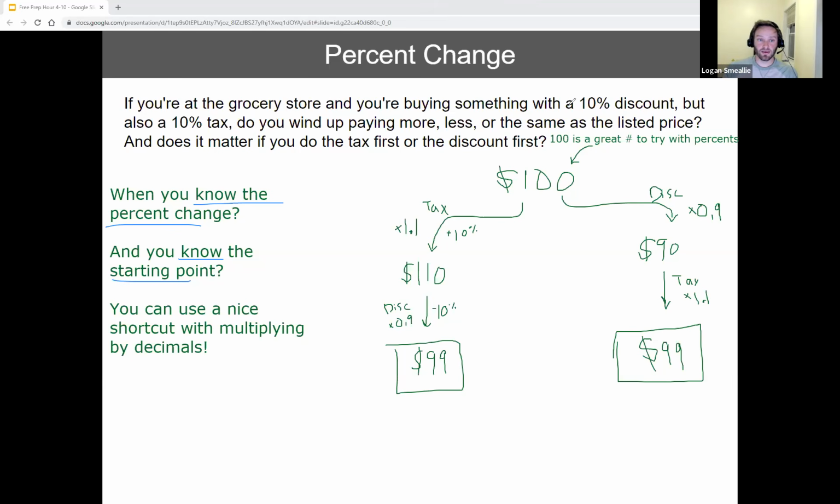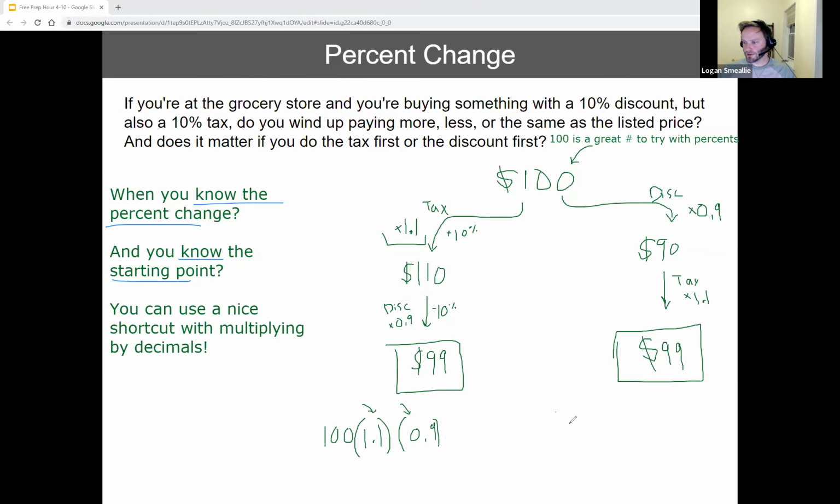And the only reason why that's interesting is it kind of shows us how these multiplications are working behind the scenes. In this one over here on the left, we did $100 times 1.1 and then times 0.9, up 10%, down 10%.